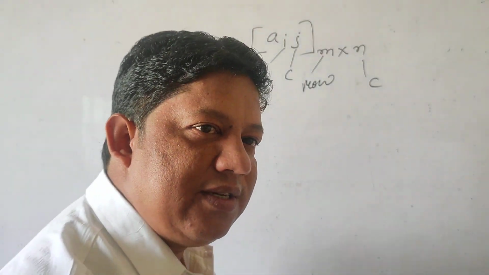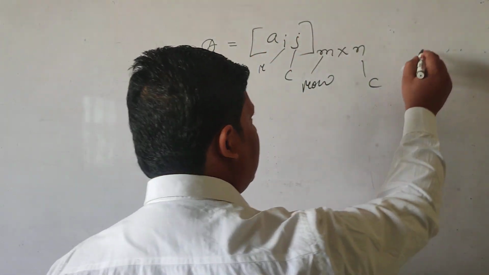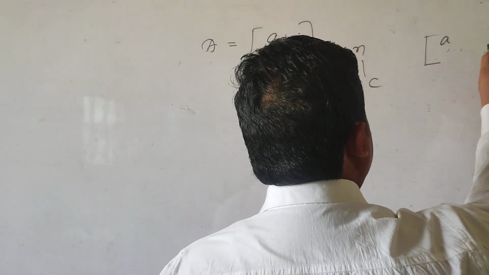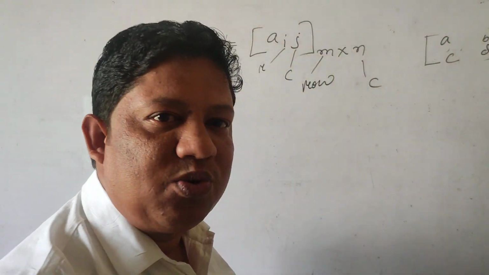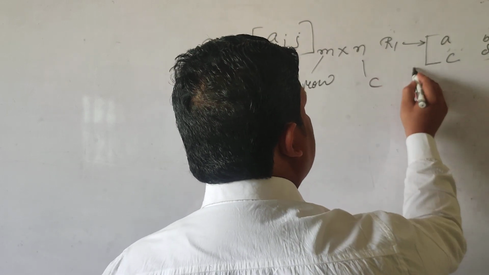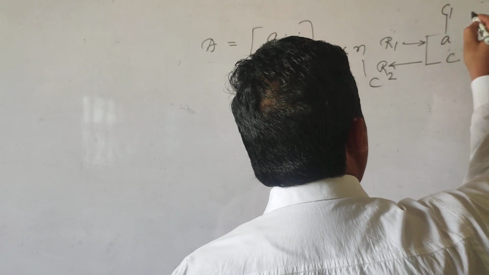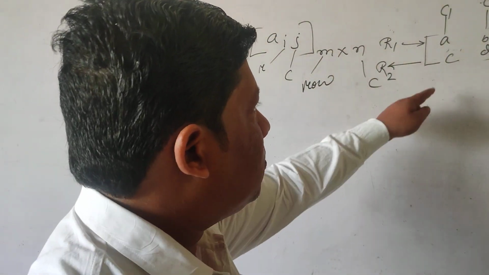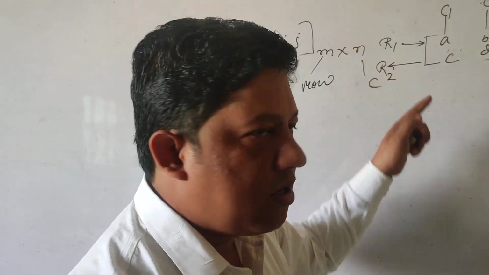So, my dear students, the matrix is denoted using this sign, like A, B, C, D. It is a 2 cross 2 matrix because here are the rows R1 and R2 and the columns C1 and C2.